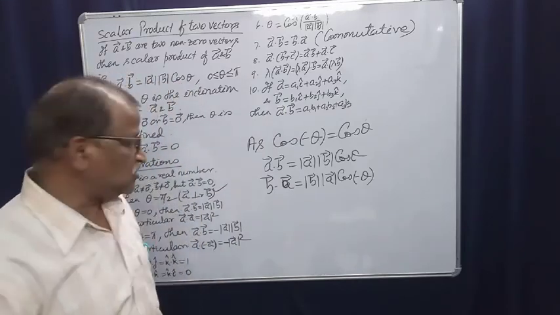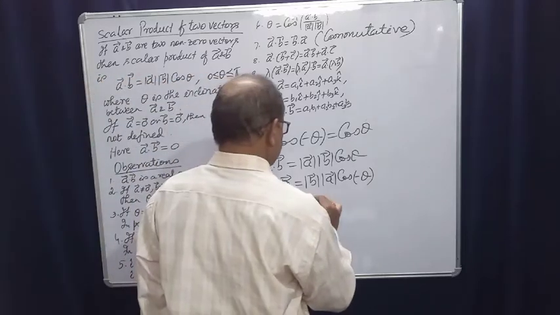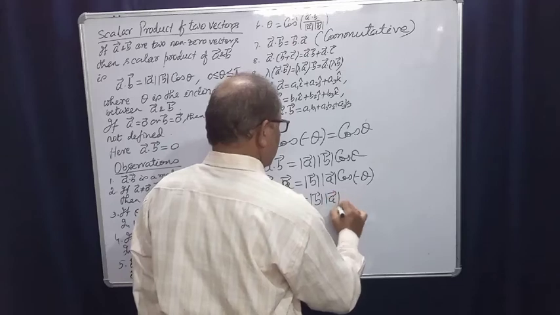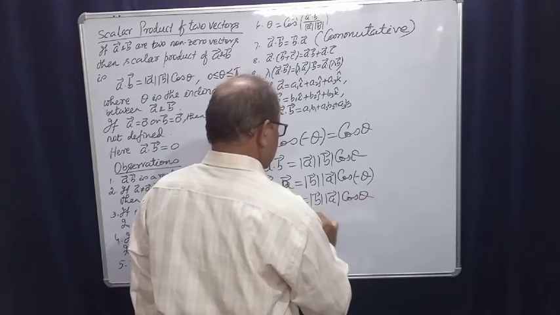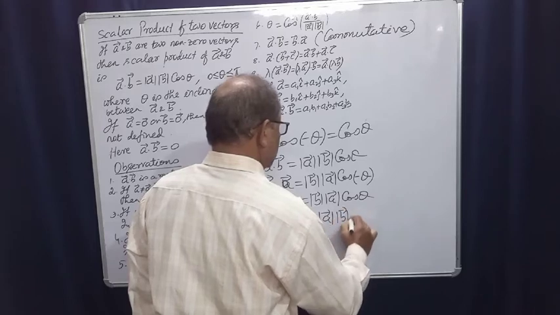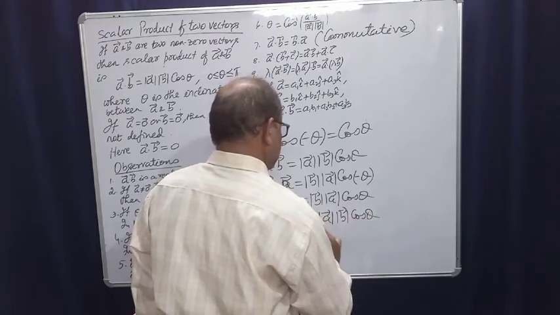Cos minus theta is equal to cos theta. So it is magnitude of B, magnitude of A cos theta. That can be written as magnitude of A, magnitude of B cos theta. That is A dot B.